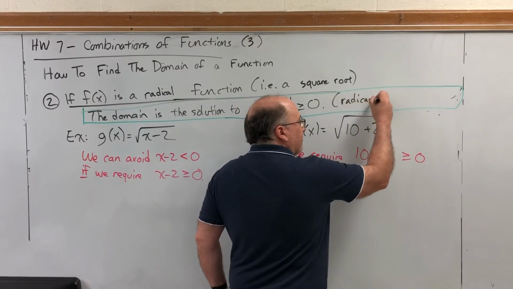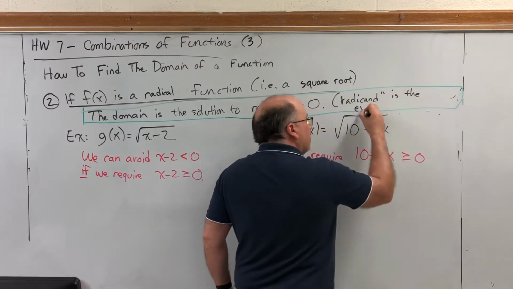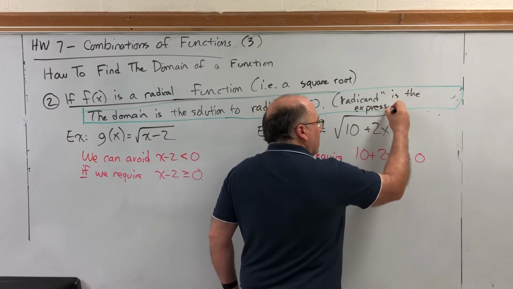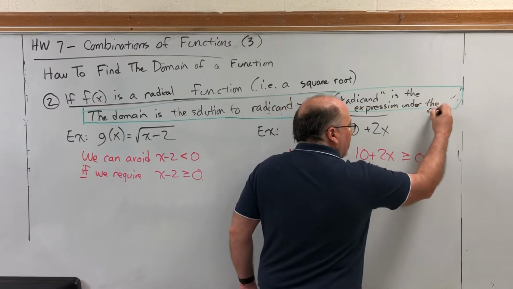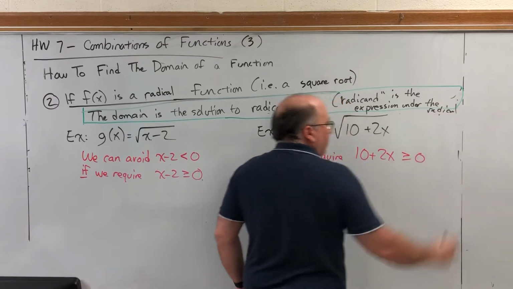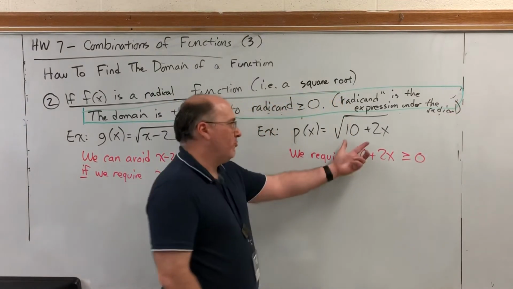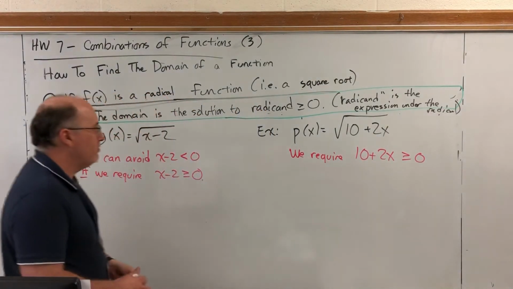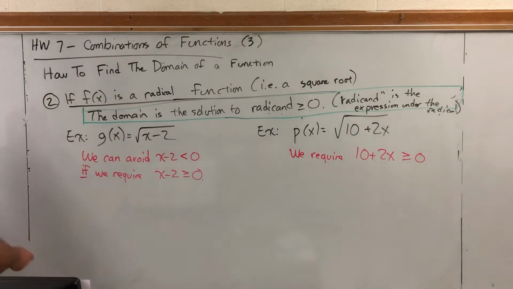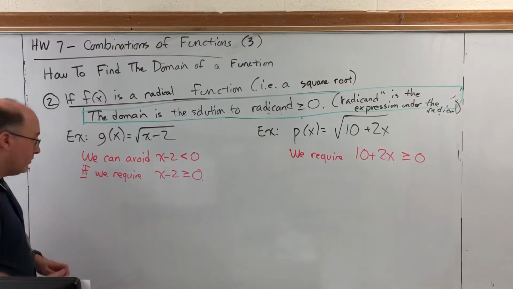The radicand is the expression under the radical. So in other words, you avoid having the radicand be negative by forcing it to be greater than or equal to 0. You just solve radicand greater than or equal to 0 and you get your domain.